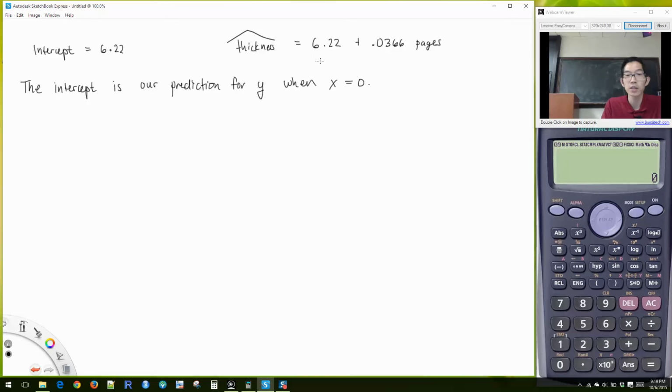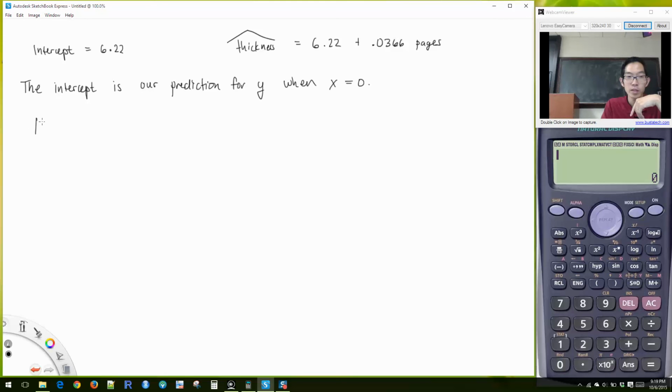So in the context of this example, what is x? If pages were 0, so what does that mean? If you have an empty book, or just the covers, there's no pages inside the book, how thick do we predict this book to be? We predict it to be 6.22 millimeters thick. That's what this means.